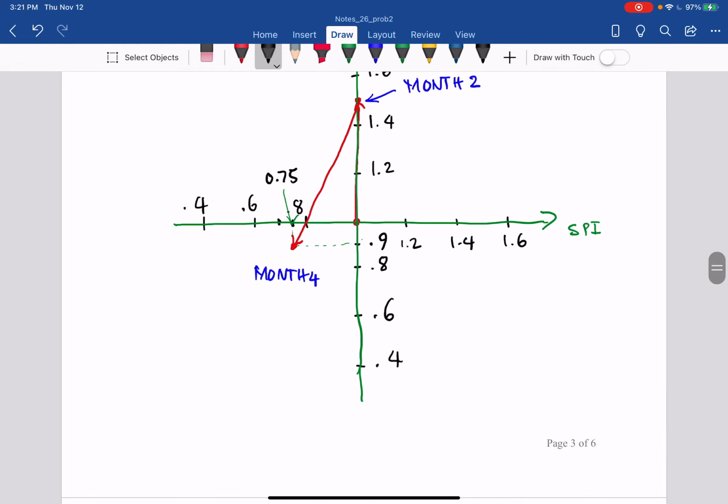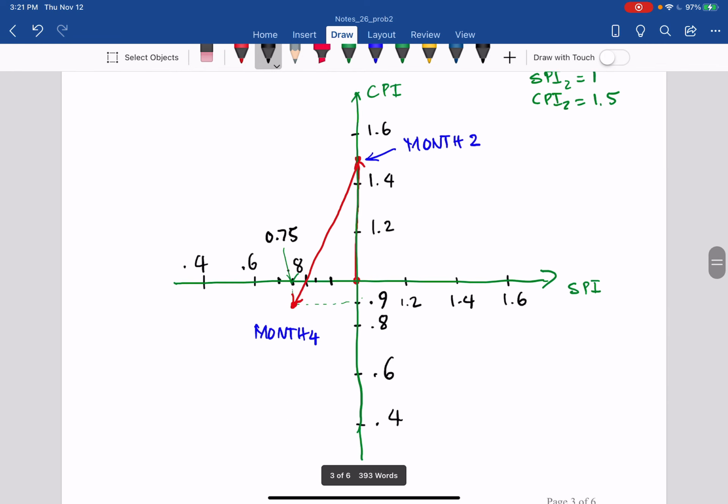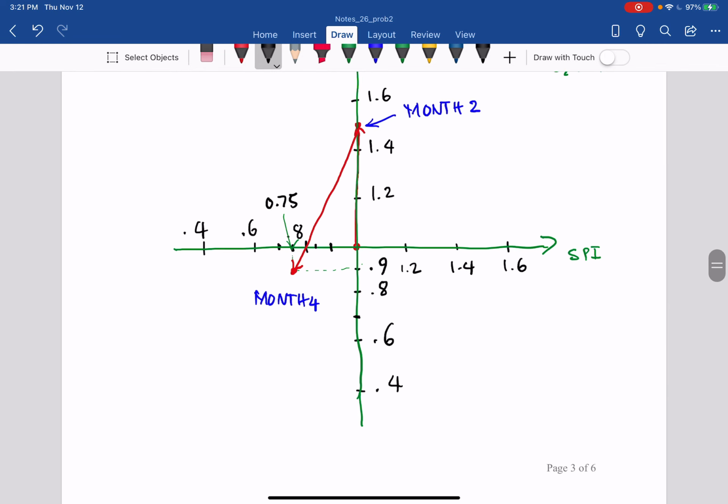So we have 0.83 for SPI, which is here, and then 0.75 for the CPI.